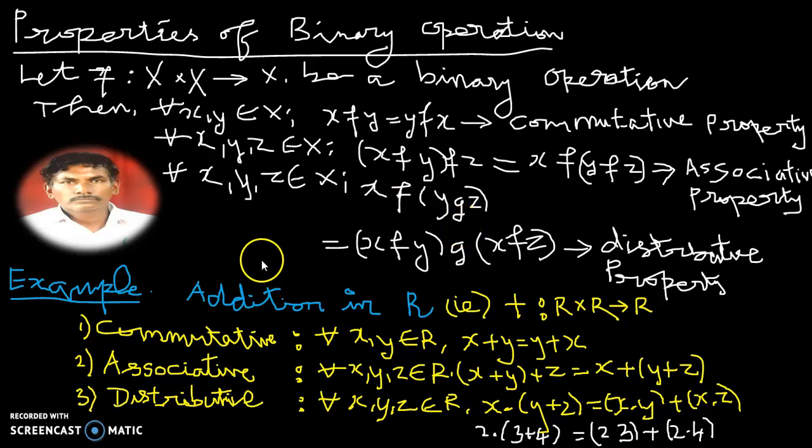This is about the general case by mathematical analysis; by mathematical way we can explain the properties of binary operations. Now let us have one example. I will give you one example of a binary operation that satisfies the three properties.